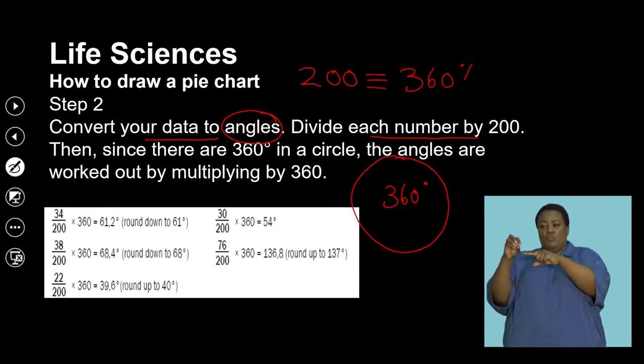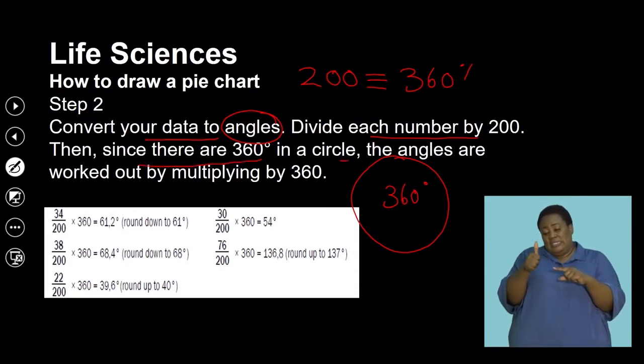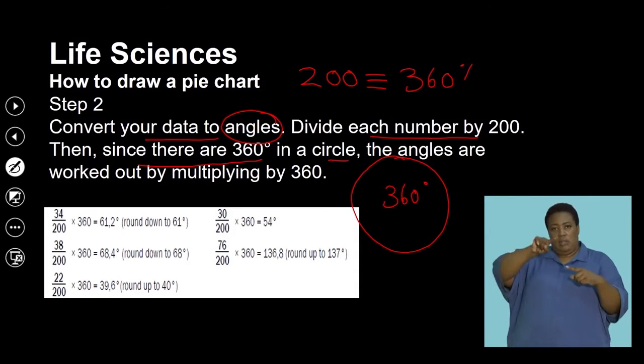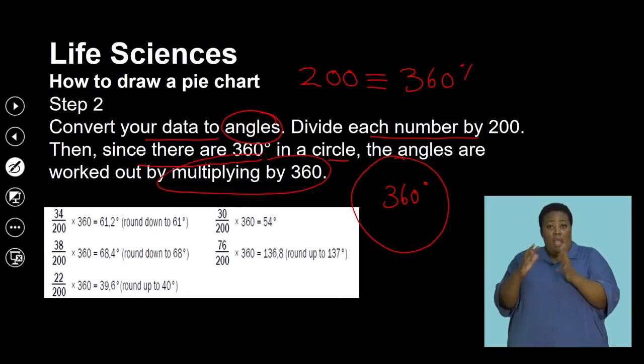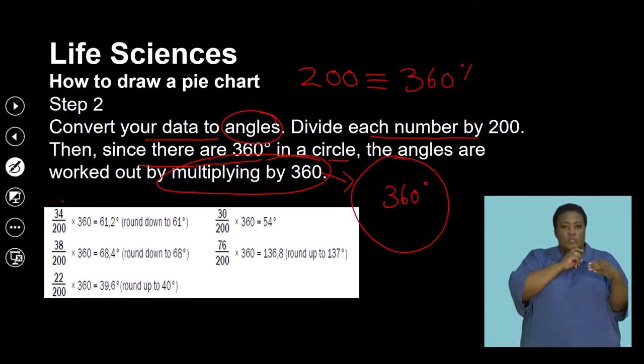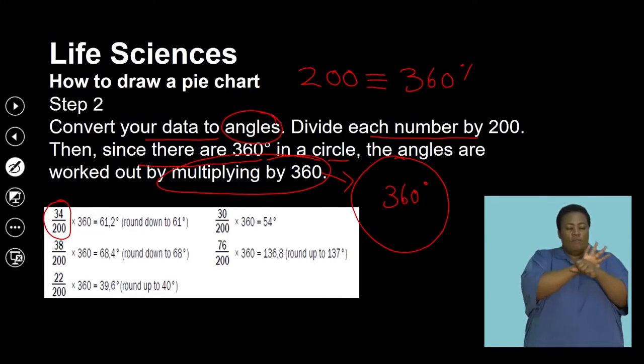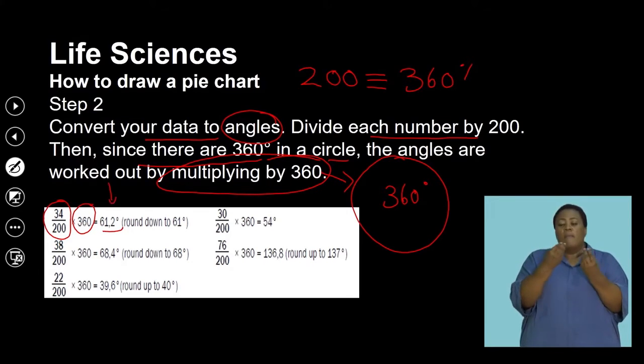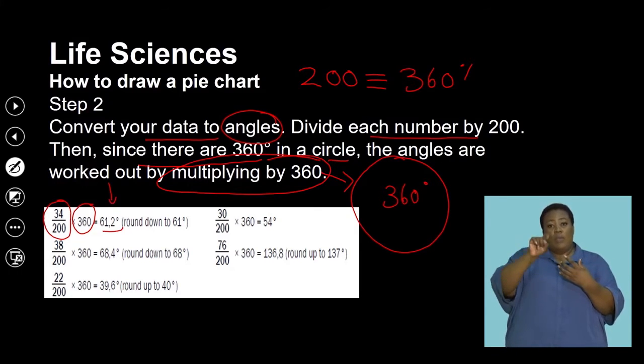Then since there are 360 degrees in a circle, we multiply these by 360 to get that as a proportion out of 360. The first group that used sterilization were 34, so we create that as a ratio and multiply that by 360, and we get that as a degree or proportionate amount out of 360. That equates to 61.2 degrees.